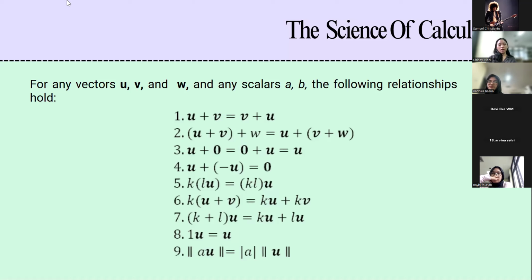The sum of k plus l multiplied by u equals k multiplied by u plus l multiplied by u, and 1u is equal to u, and the norm of a u is equal to the absolute value of a multiplied by the norm of vector u.